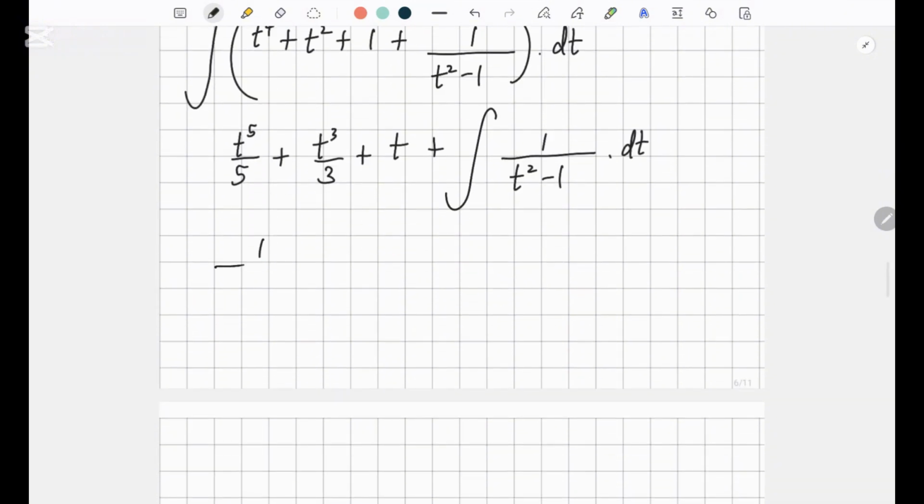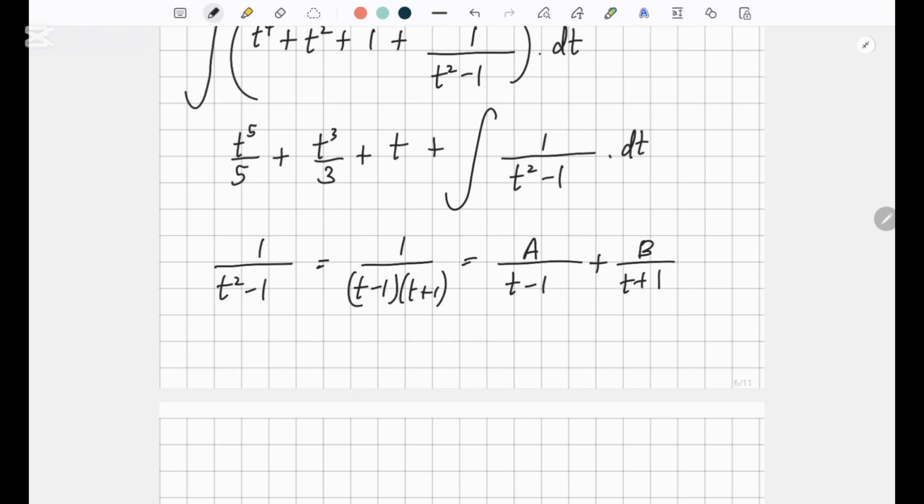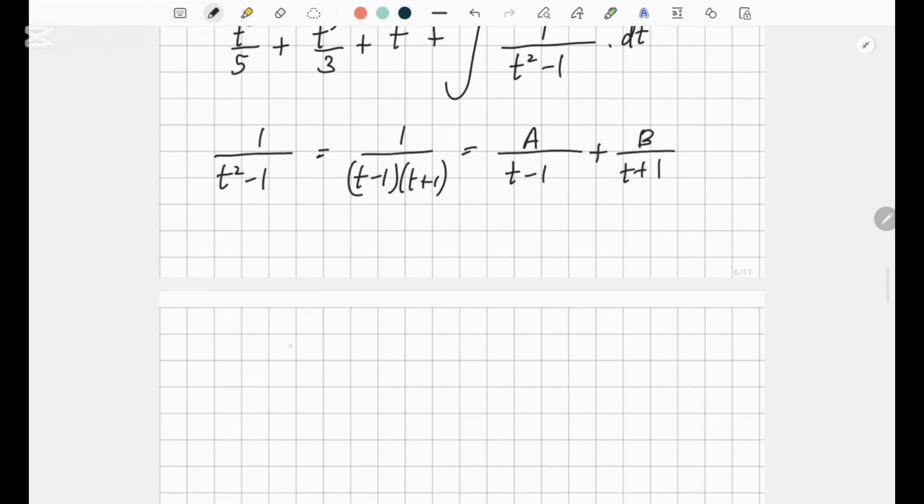So 1 over t squared minus 1, you could write it as 1 over t minus 1 into t plus 1, right? Which you can write as a over t minus 1 plus b over t plus 1. We are breaking them down into partial fractions. So 1 equals a into t plus 1 plus b into t minus 1.